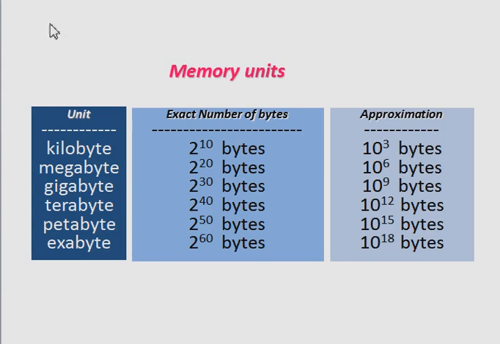So if you move ahead with megabytes and gigabytes, 1 gigabyte will be equal to 1024 megabytes, and terabyte will be equal to 1024 gigabytes, and petabyte will be 1024 terabytes, and exabyte will be 1024 petabytes. So these were some memory units that you should know.